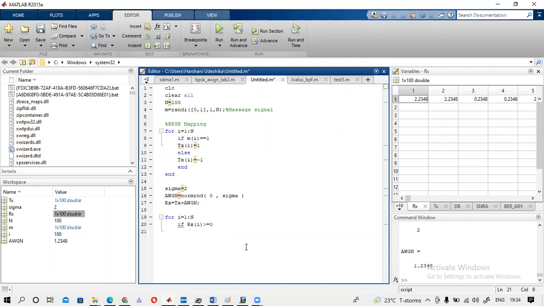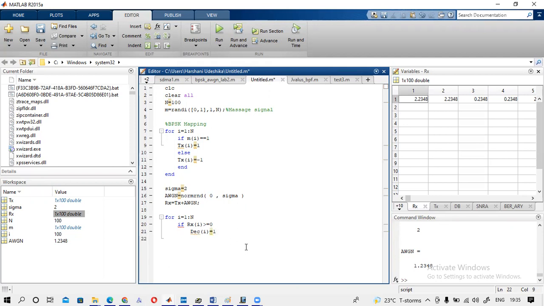Now if the received signal is greater than or equal to 0, my decoded bit is equal to 1, because it is greater than or equal to 0.